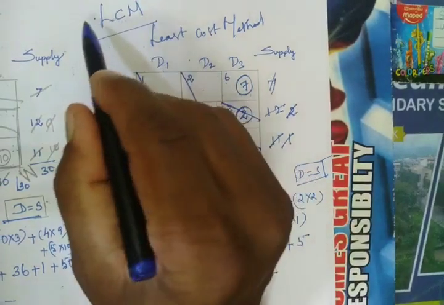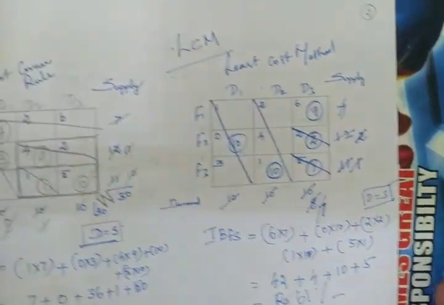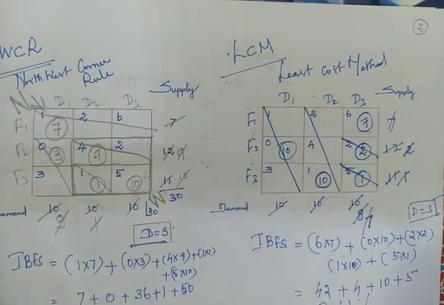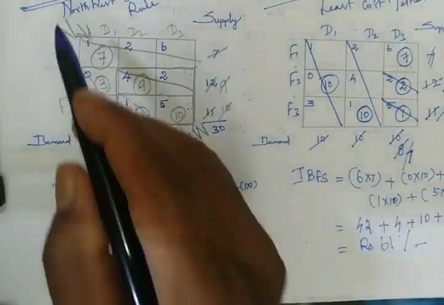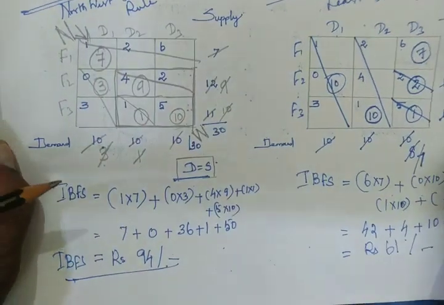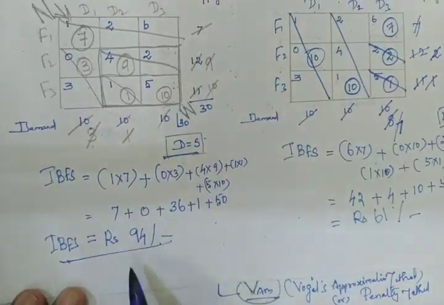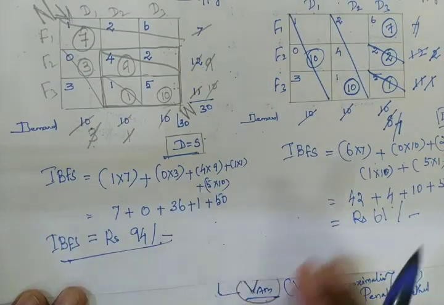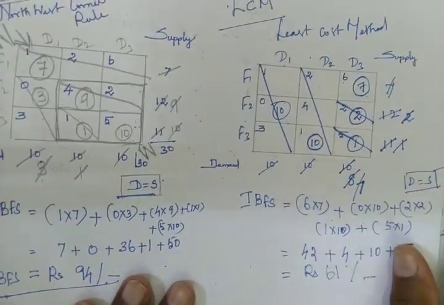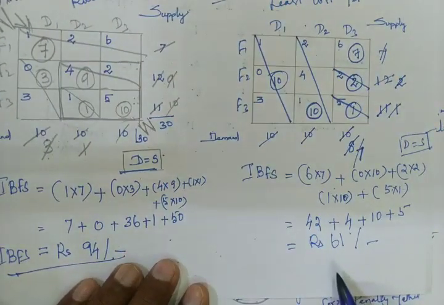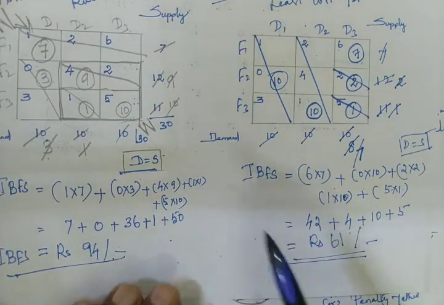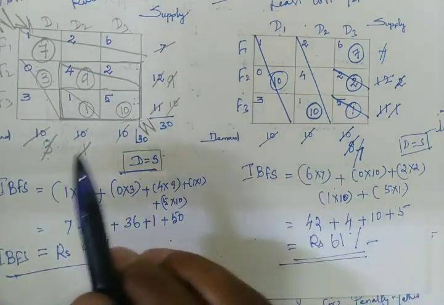If you are solving the same problem, supplying the same goods from the source to the destination, by the northwest corner rule you are going to spend a minimum of 94 rupees. The same problem, if you solve by the LCM, you are going to spend 61 rupees. See the difference in this. So, LCM and northwest corner.